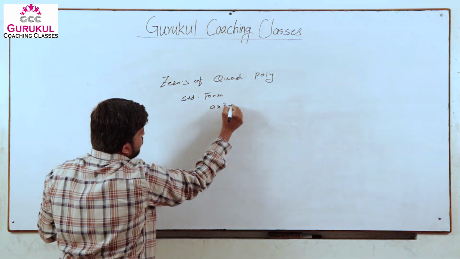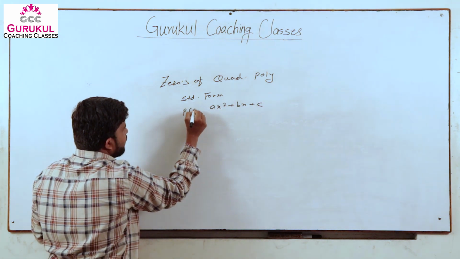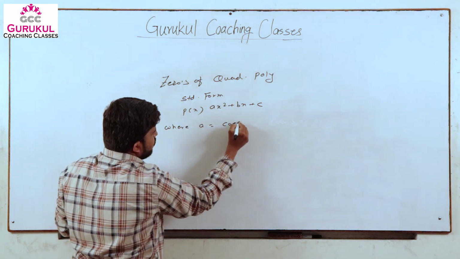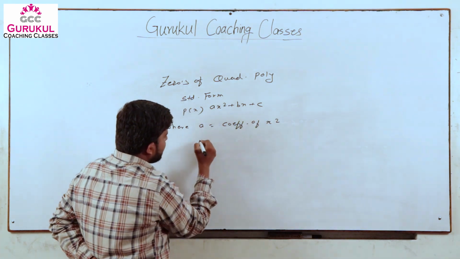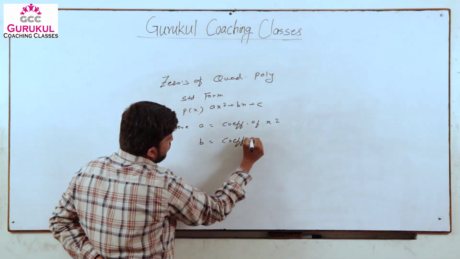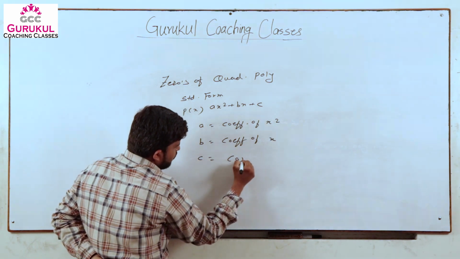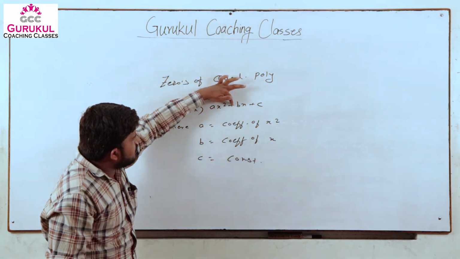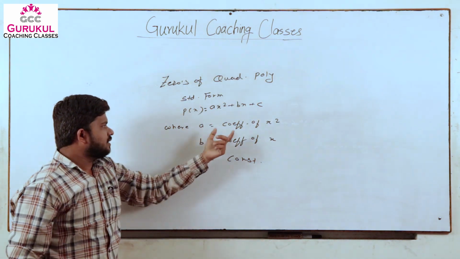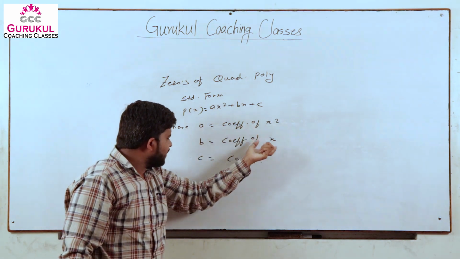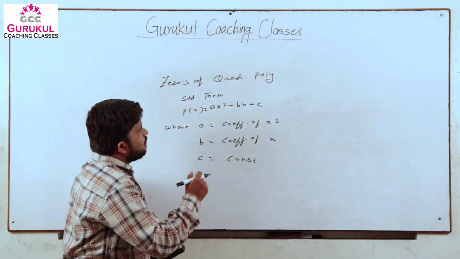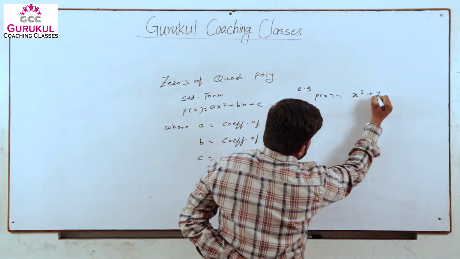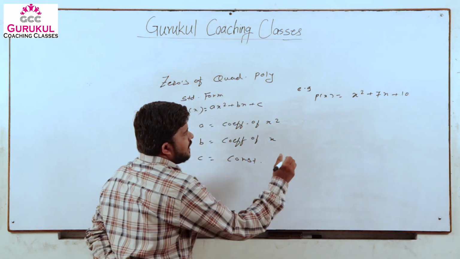Standard form ax square plus bx plus c, where a is equal to coefficient of x square, b is equal to coefficient of x, c is equal to constant. Take one example. P of x is equal to x square plus 7x plus 10.